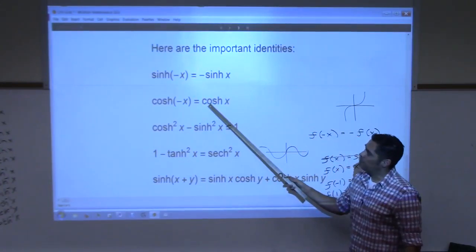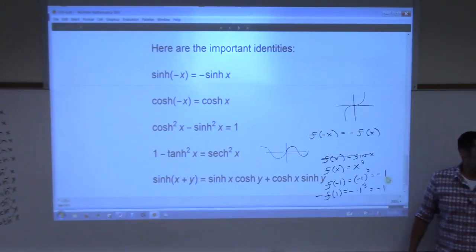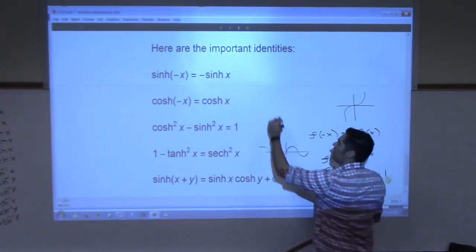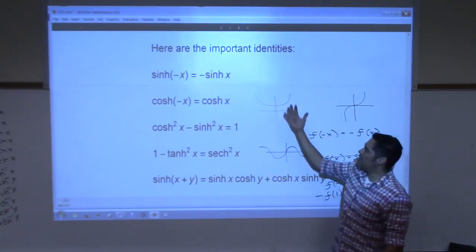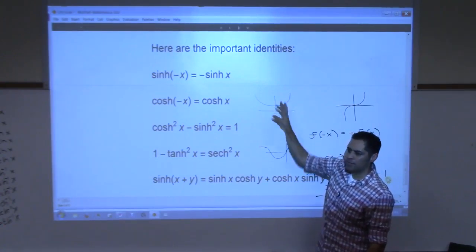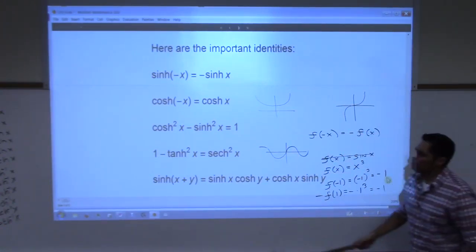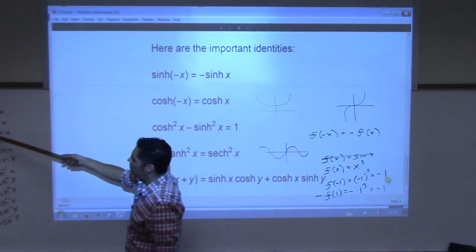What about this one? That means it's an even function. And that means it's a reflection over the y-axis. If you remember what cosine hyperbolic looked like, we said it looked kind of like a parabola. If I take it and I just flip it over the y-axis, it's itself, right? Was cosine an even function from pre-cal?